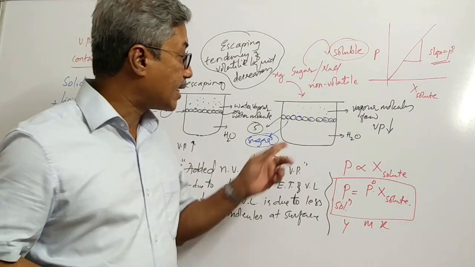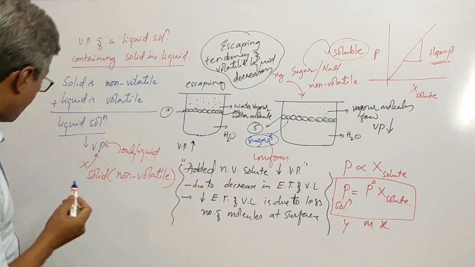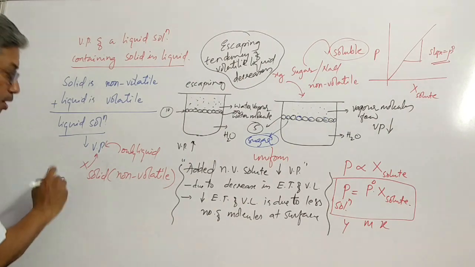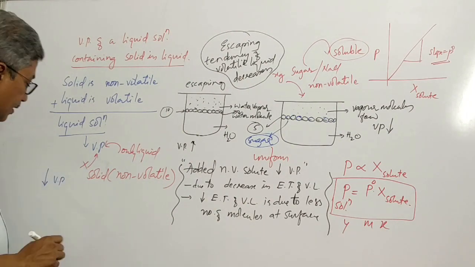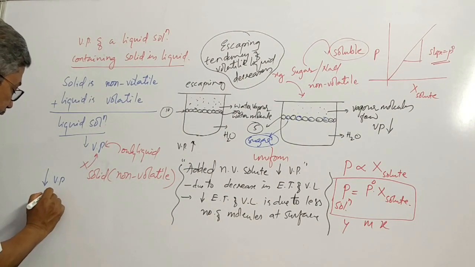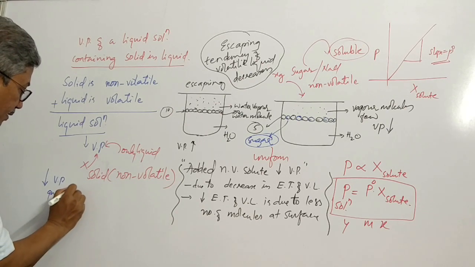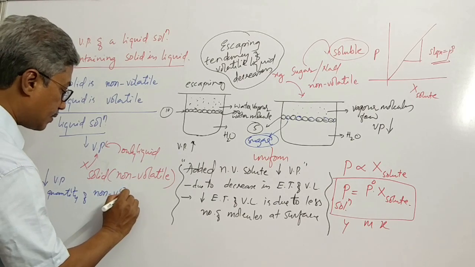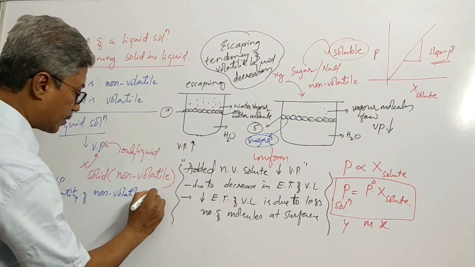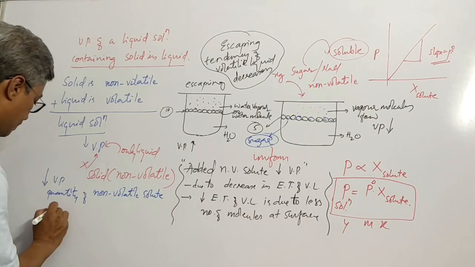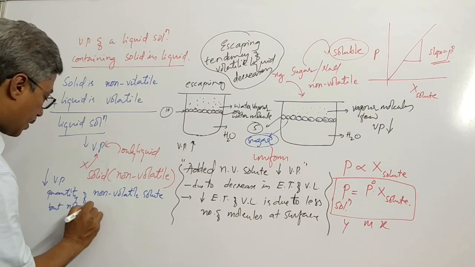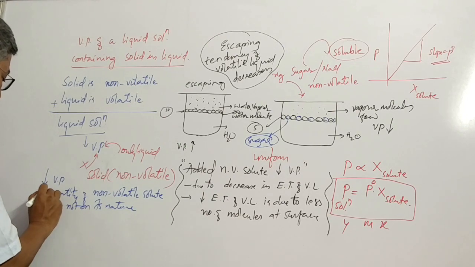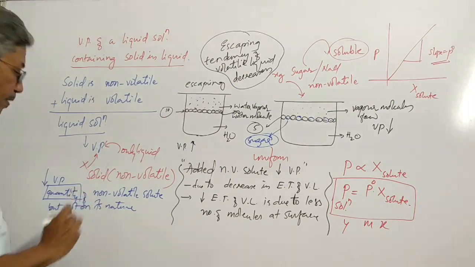One more important point regarding this is that the decrease in the vapor pressure of the volatile liquid depends just on the quantity of the non-volatile solute, but not on its nature. This is very much important, students. It depends only on the quantity of the non-volatile solute.